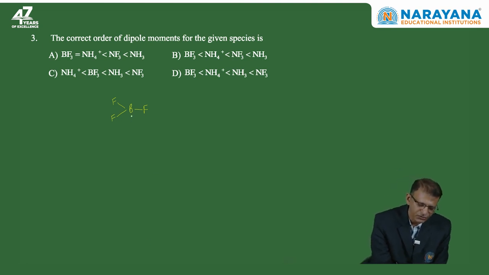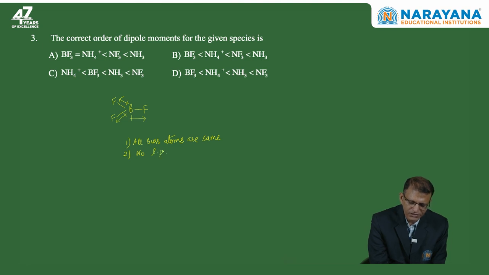So if we try to place the dipole moment vectors, they go from the less electronegative atom to the more electronegative atom, and because of symmetry at the central atom, we can say that all surrounding atoms are the same, and there is no lone pair. So because of symmetry, we can say that the dipole moment is equal to 0.